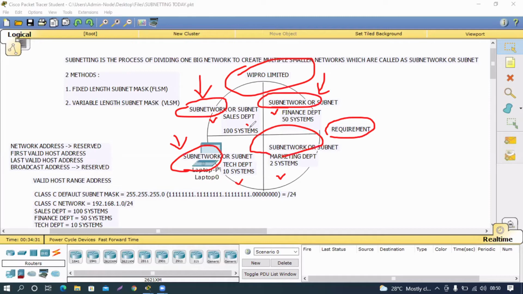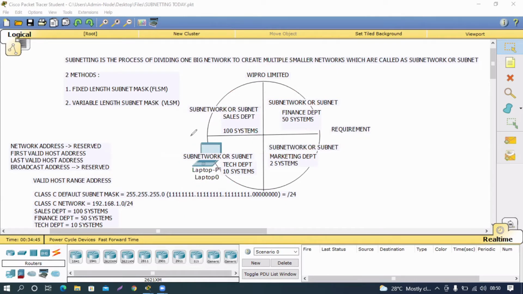Any machine which belongs to a particular subnet can communicate within that subnet, but they cannot communicate between subnets by default. So to do subnetting, you always have to remember the default subnet masks.